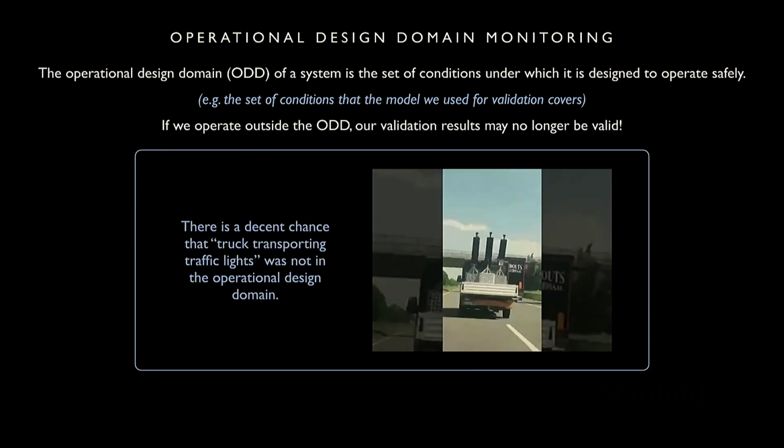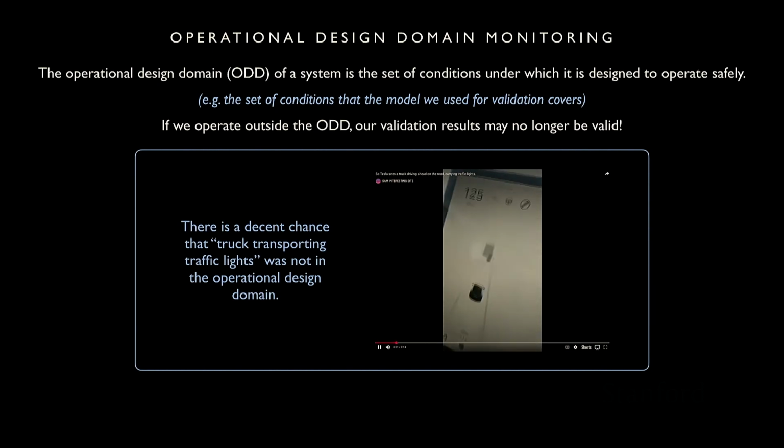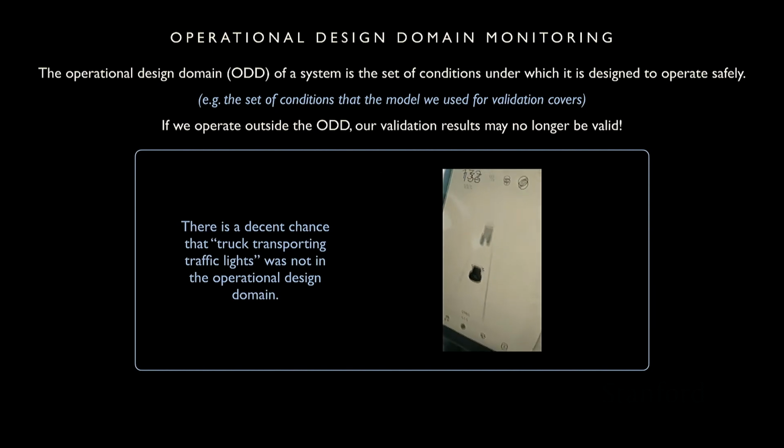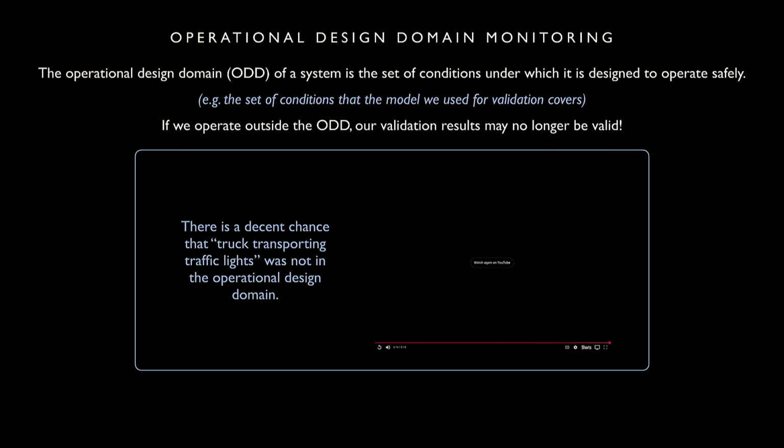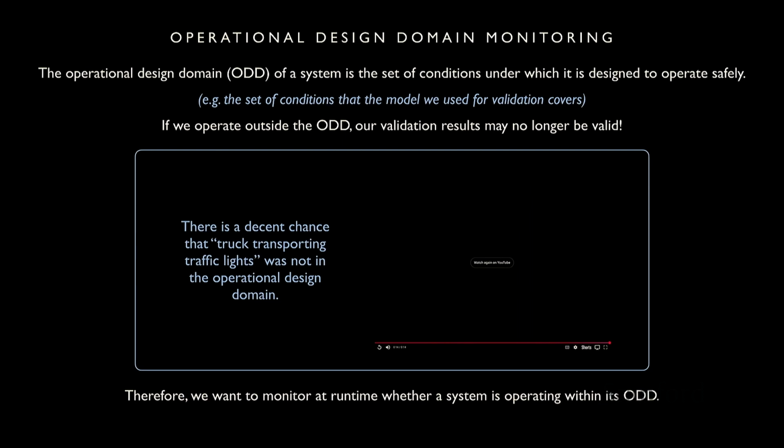For example, there's a decent chance, I would imagine, that the truck transporting traffic lights was not in the operational design domain that Tesla defined for their self-driving car, understandably, because this is a weird, crazy thing to contrive in your mind that you would have had to come up with. So the next best thing that we can do is to monitor at runtime whether a system is operating within its operational design domain, which is a non-trivial thing to do, and we're going to talk about different methods to do this, but this is our goal.